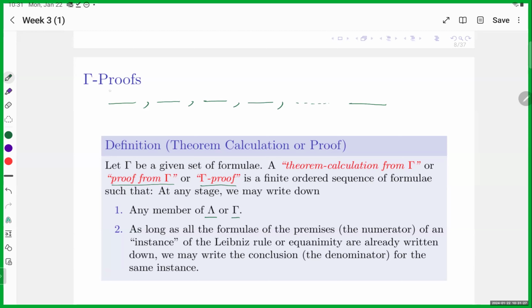That means, so here I can write A, B, C, and so on. And somewhere you stop, right? So for example, at the letter G, I stop. It's ordered, meaning the order matters. Now, also I cannot write these randomly. At any step, I can write an axiom, a member of lambda. At any step, I can write an axiom.